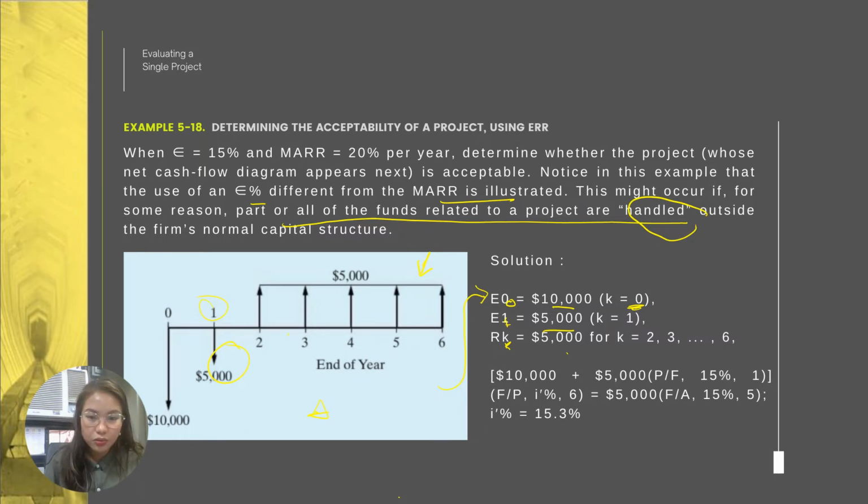Plugging these values into our equation results in I equal to 15.3%.